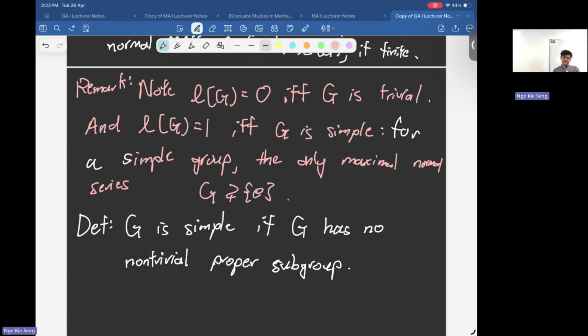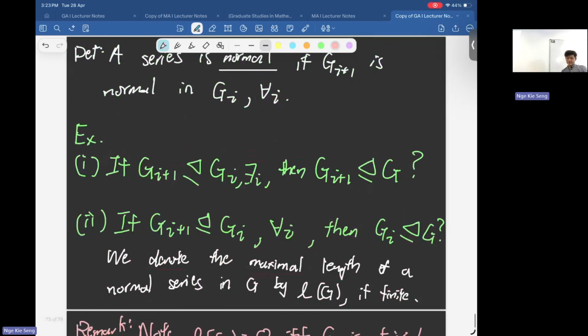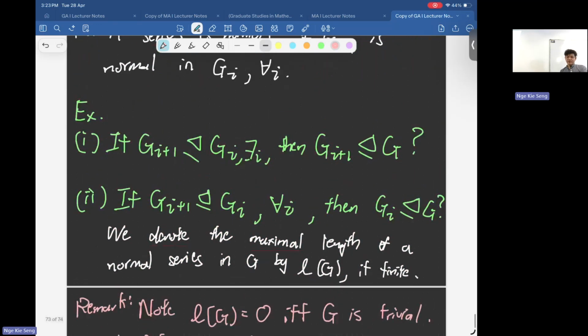We do not consider the trivial group as a simple group, just like we do not consider 1 as a prime. You should think of the things inside this series as primes. Exactly how you should think about simple or normal.